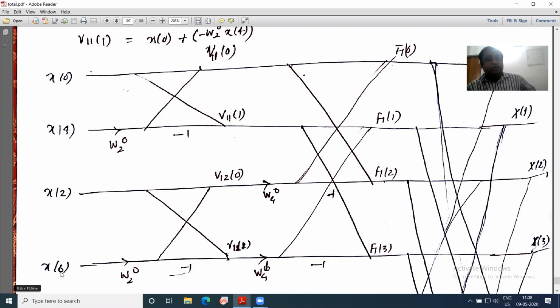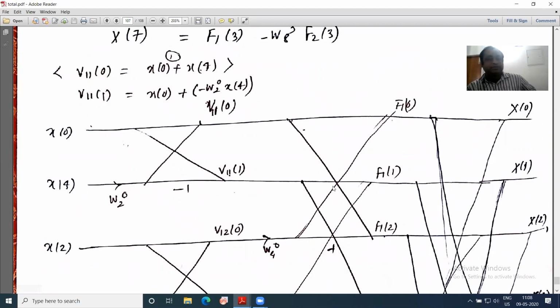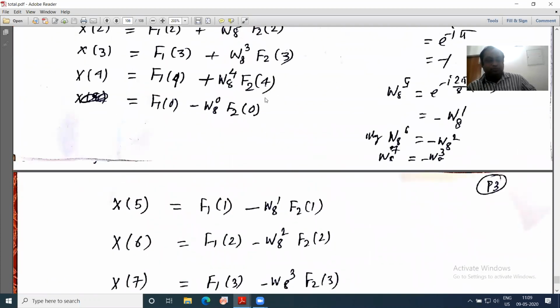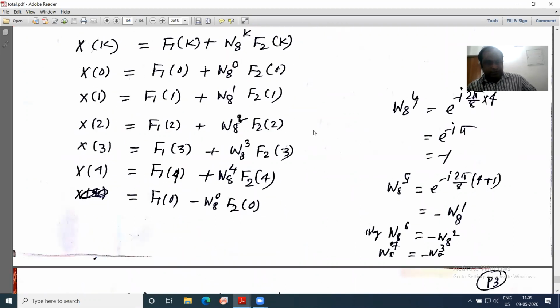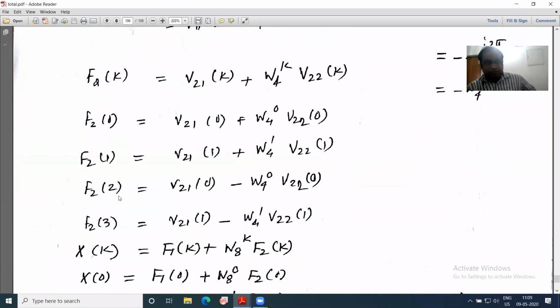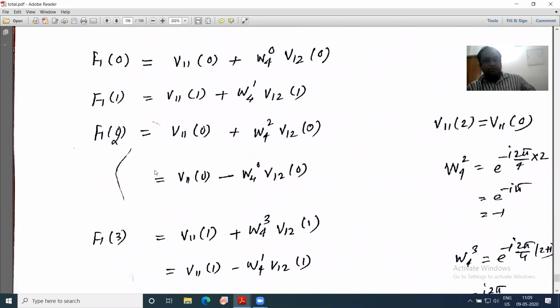Then F1 of 2. F1 of 2 means, let us see, F1 of 2 is v11 of 0 minus W4^0 into v12 of 0. That is v11 of 0 minus W4^0 v12 of 0.